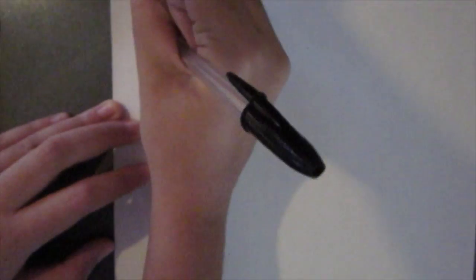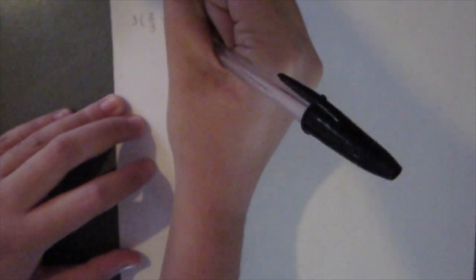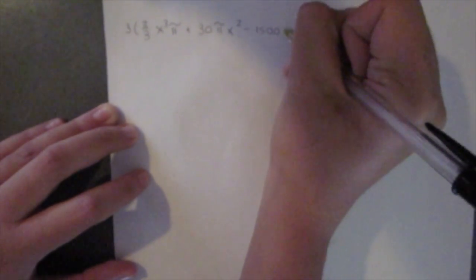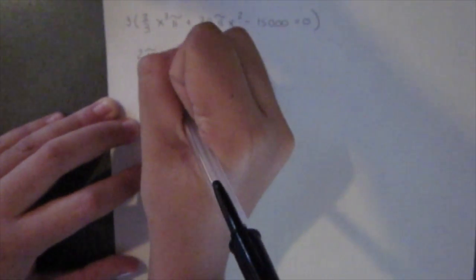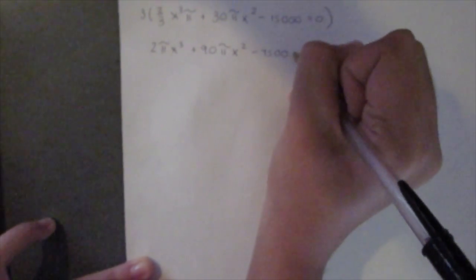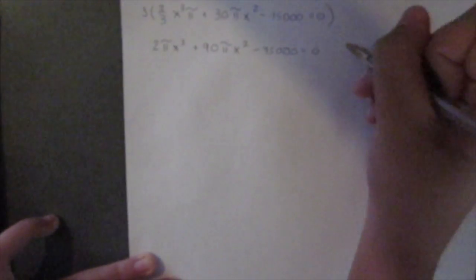Then we multiply the polynomial function by 3, so it's 2 pi x cubed plus 90 pi x squared minus 45,000 equal to 0. We substitute pi with its value 3.14.